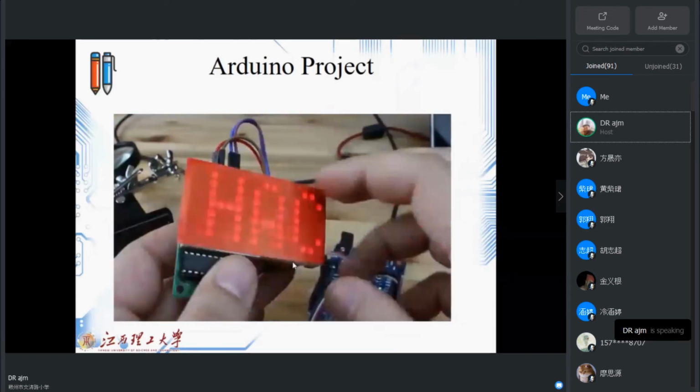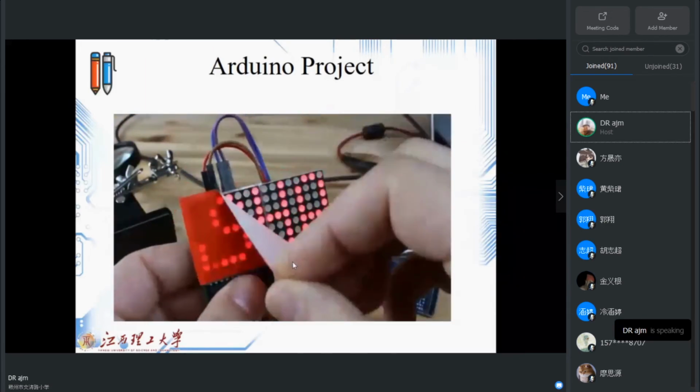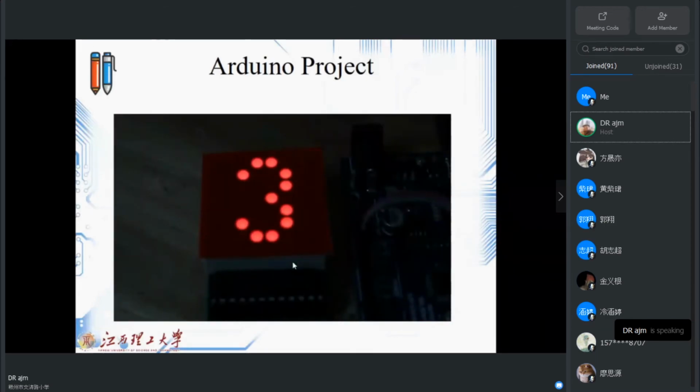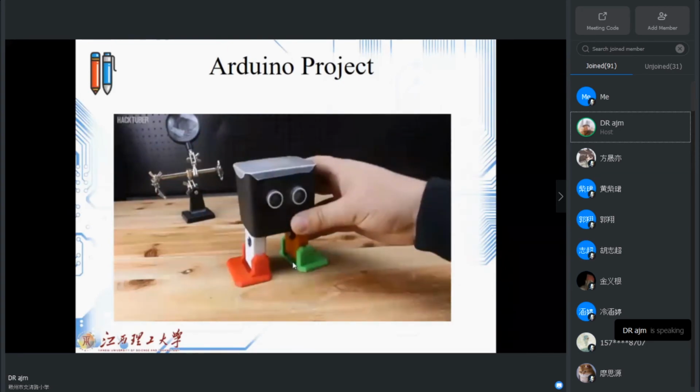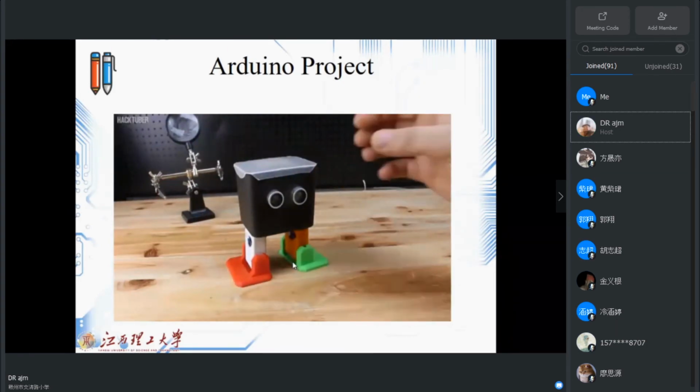Okay, if you want more, yes, more LEDs also you can connect to this.